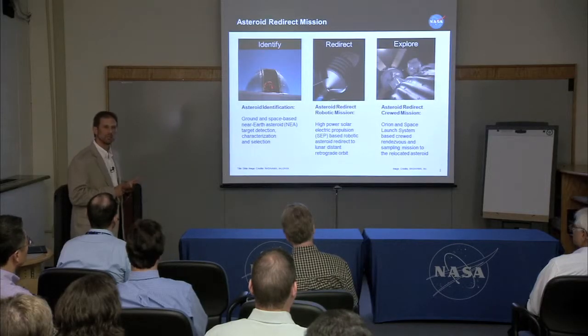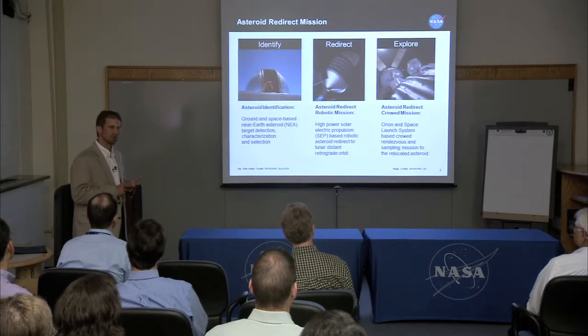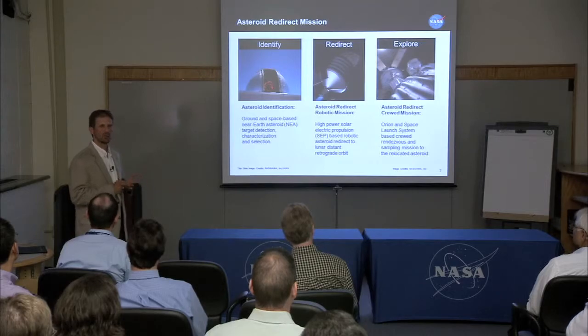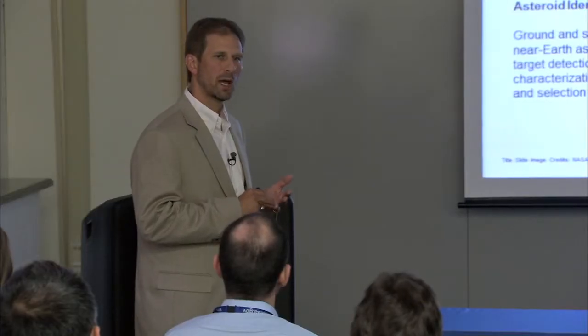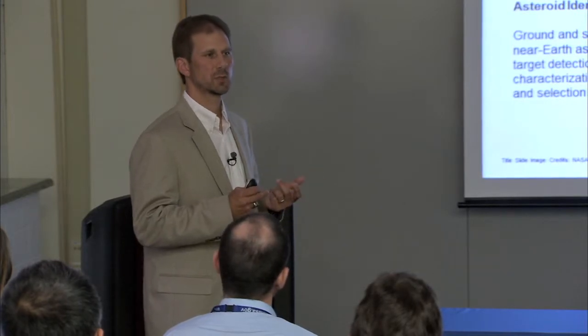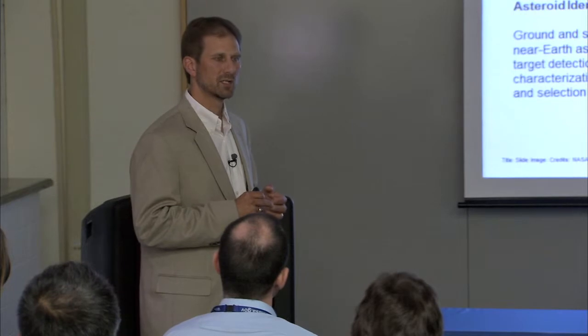The robotic mission is focused on redirecting either a small near-Earth asteroid, something about 7 meters, but somewhere probably anywhere from 3 to 10, or capturing and redirecting that to a location in cislunar space, what we call a lunar distant retrograde orbit is the current destination that we're looking at.